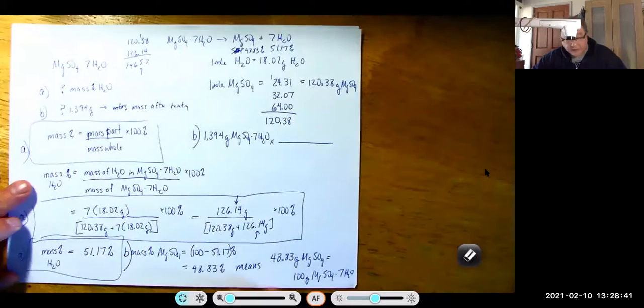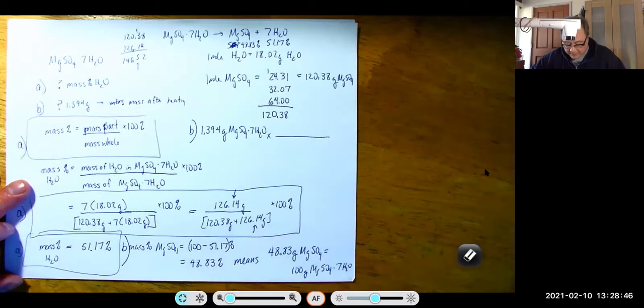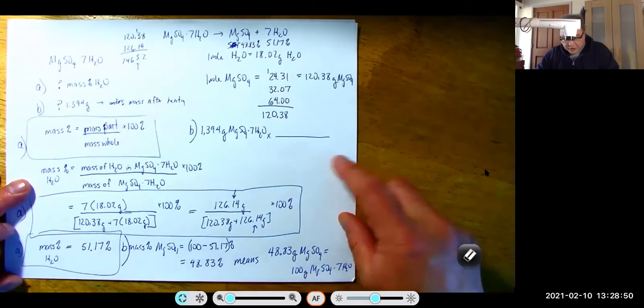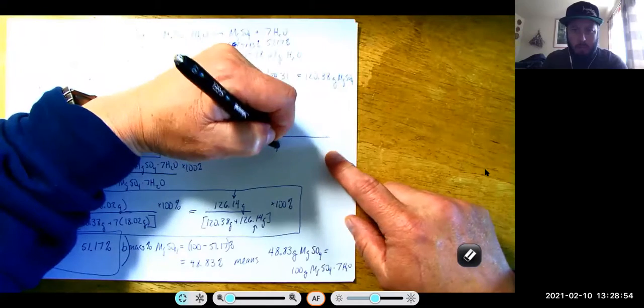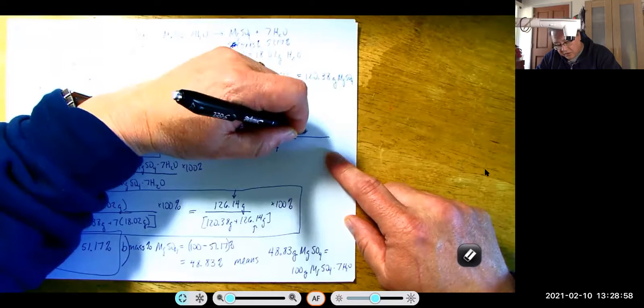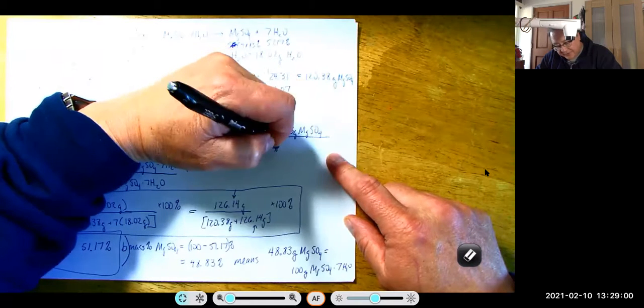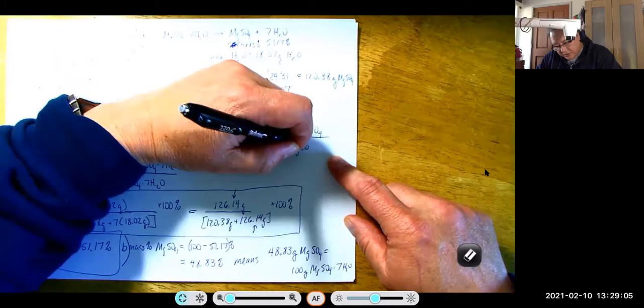That's what 48.83 means. If you had 100 grams, 48.83 would be this stuff. So I can use that up here, and I would say 48.83 grams of MgSO4 for 100 grams of MgSO4·7H2O.